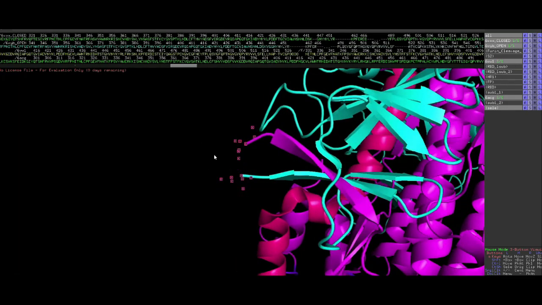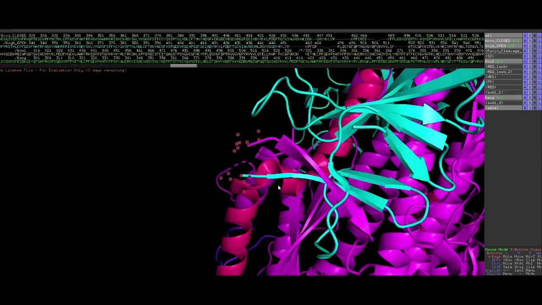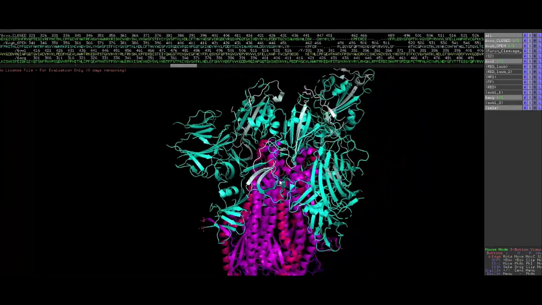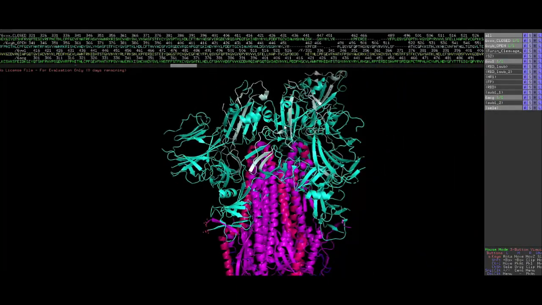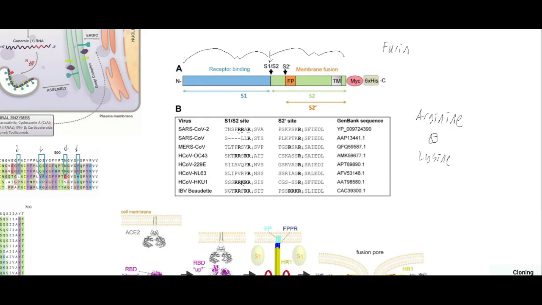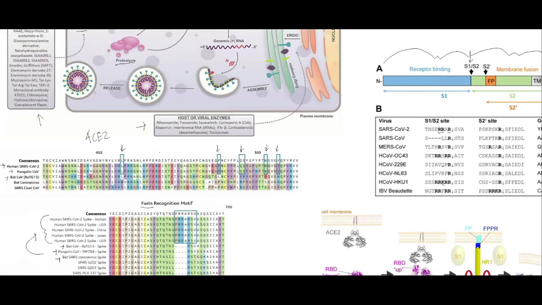And it would be the sequence here which would have those arginines that would actually be cleaved, and that will release the S1 domain from the S2 domain. And we'll take a look here soon at what happens there, because that causes a rather large conformational change in the S2 domain, in the membrane fusion domain.